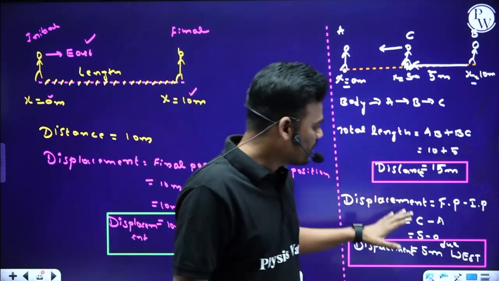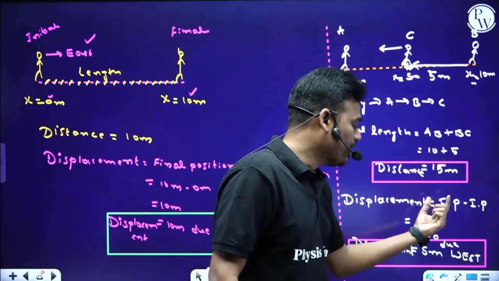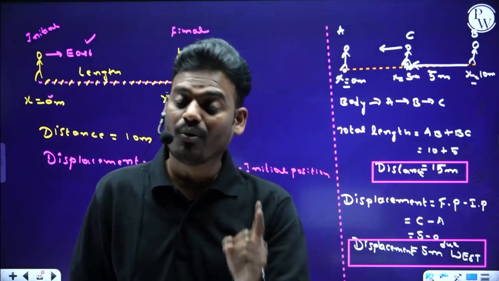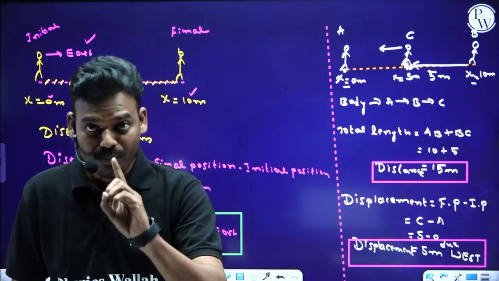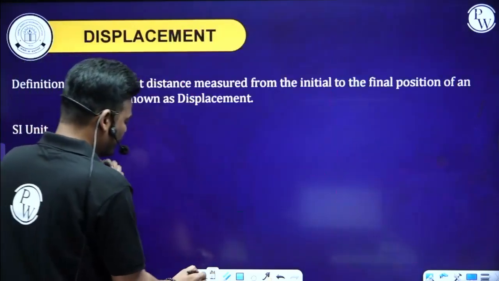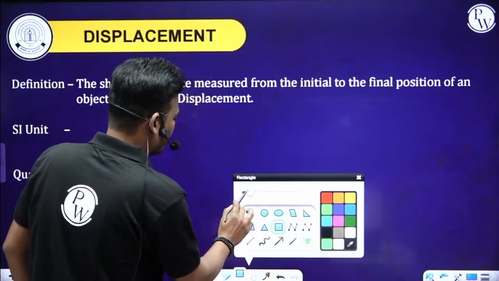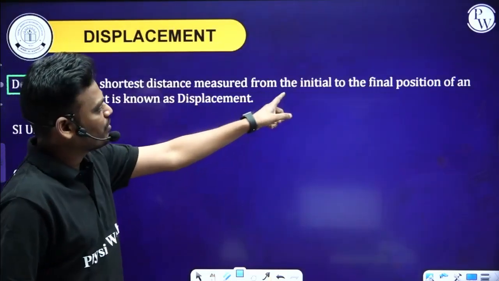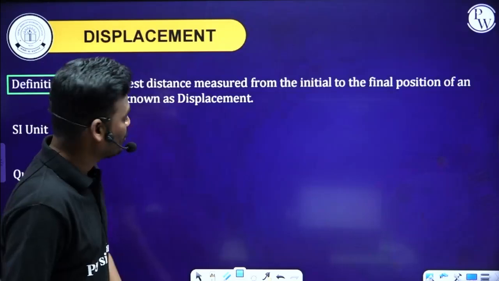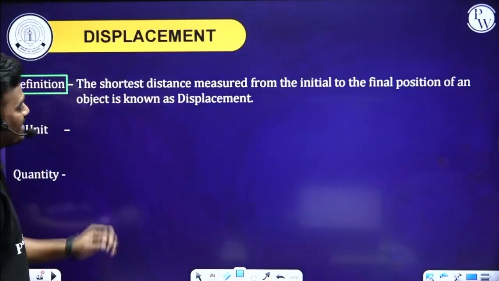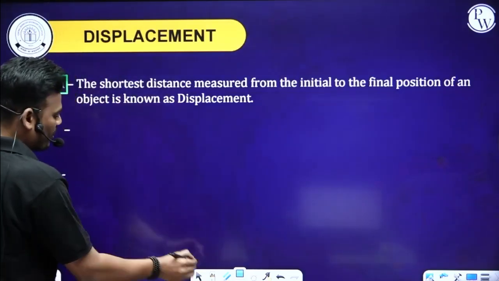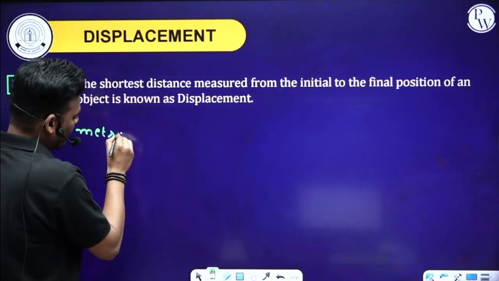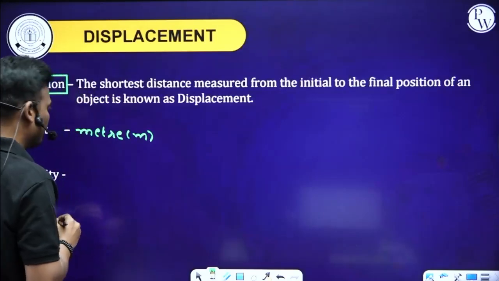As we are measuring a distance between final position and initial position, the SI unit is still the meter. Therefore, displacement unit is also meter. Definition: the shortest distance measured from initial to the final position of an object is known as the displacement. The SI unit is meter, represented by small letter m.